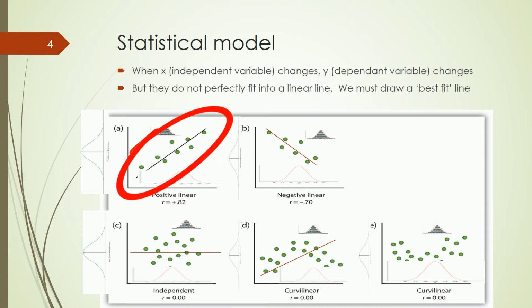So what the line does is it explains. And any distance of the outcome from the line, if you draw it linearly downwards, that distance is what is not explained by the line or by the model. That distance for each outcome, when we add them up, that is called the error.